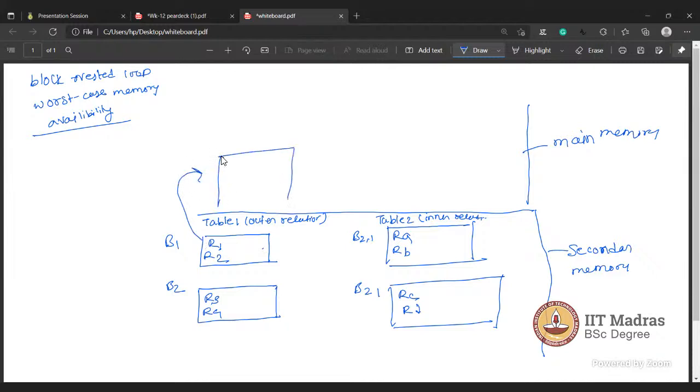In worst case memory availability, block 1 of the outer relation will be moved into the main memory, and block 1 of the inner relation will also move into the main memory.